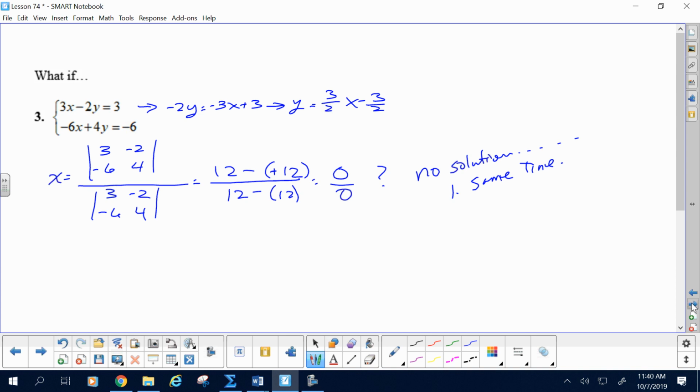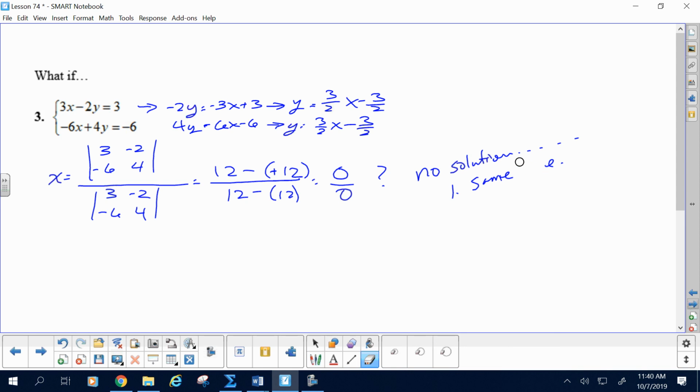If I did the same here, it would be 4y equals 6x minus 6. Divide by 4, I get y equals 3 halves x minus 6 fourths. That's minus 3 halves. Those are the same lines. So if you're trying to find an intersection point between two lines that are exactly the same, well, of course, things are going to be bad.